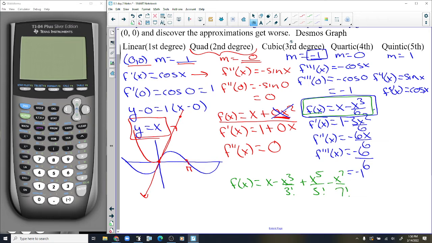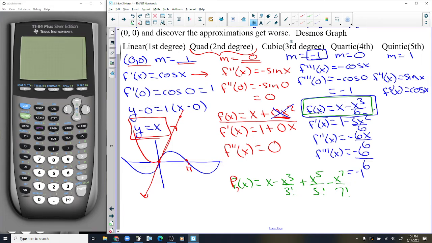That's the pattern that we would have. Okay, so what did we do? We have a polynomial, and we write it like this. P sub 7, the 7th degree polynomial, because it's not f of x. F of x is sine of x. It has to be something else. And we say it's P sub 7.